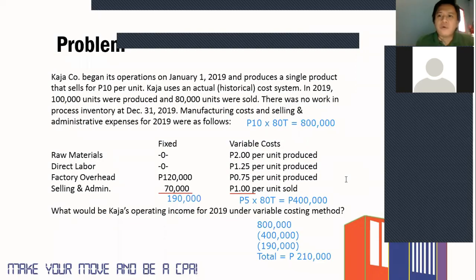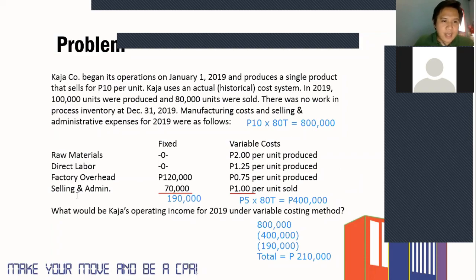One technique, if you are going to compare net income under variable costing to absorption costing, is that generally the income under absorption costing would be higher than under the variable costing method.